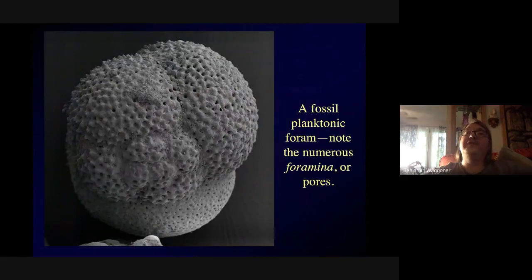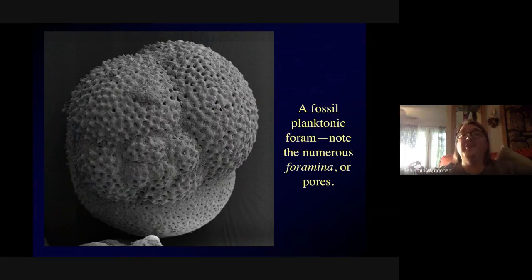Foraminifera means thing that carries foramina, and a foramen is a pore, a little hole. Your pre-meds, you're going to have to learn the foramina of the base of the skull that the cranial nerves pass through. You've got the foramen ovale and the foramen lacerum and the foramen this and that.